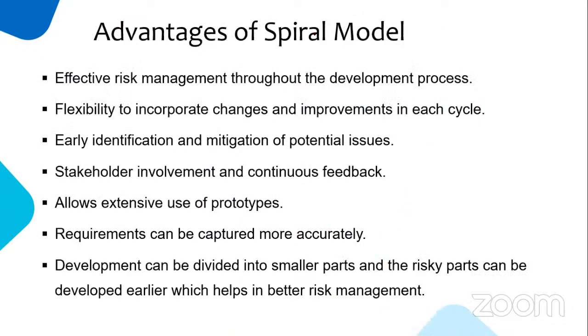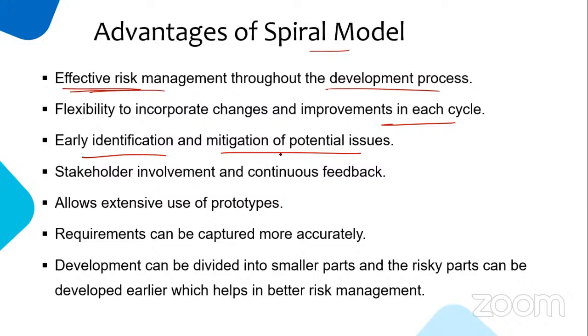And the advantage of the spiral model, as I already said, is risk management throughout the development process. So they calculate the risk part. Flexibility, incorporate changes, improvement in every cycle. Changes in requirements are allowed. Early identification or mitigation of potential issues. So it means what? You're going to add some 10 test cases or 4 requirements, test them parallelly, identify the defects early, get the feedback.